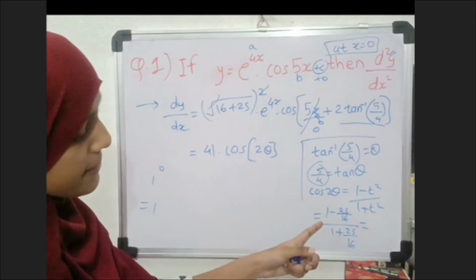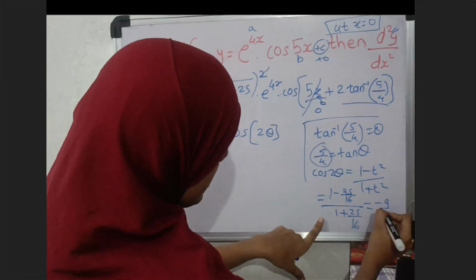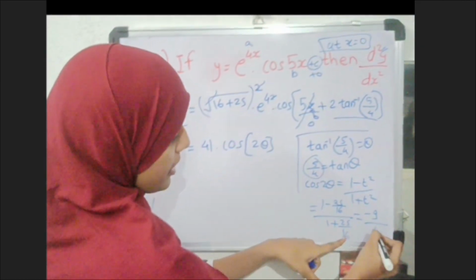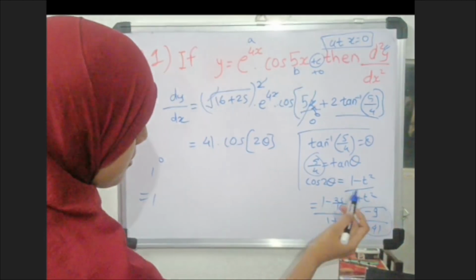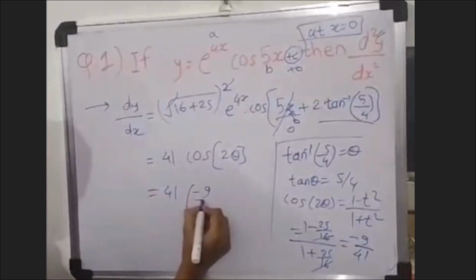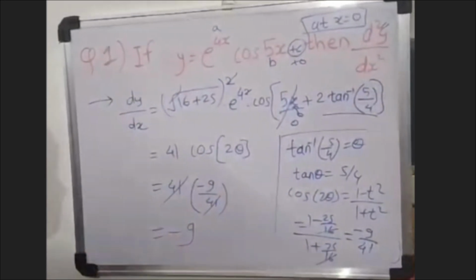We know 16 minus 25 will be minus 9, and 16 plus 25 will be 41, and the 16 and 16 will get cancelled. So our final answer will be minus 9 by 41. So just put the value here, that is 41 into minus 9 upon 41. So 41 will get cancelled and our final answer will be minus 9.